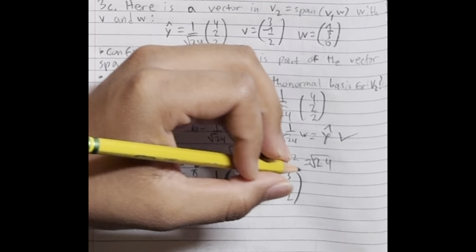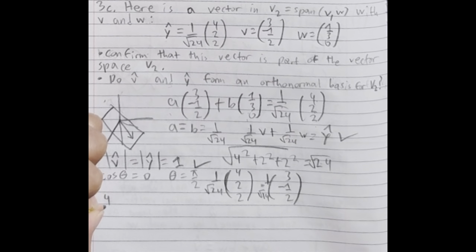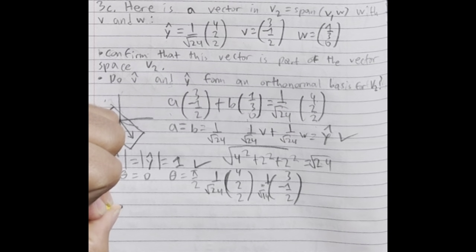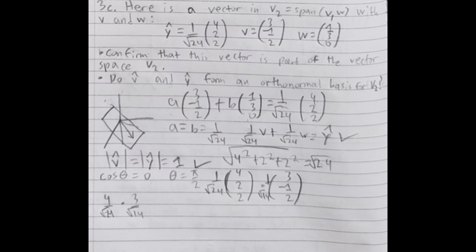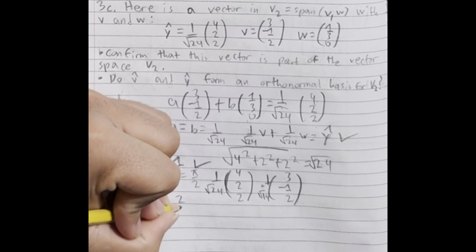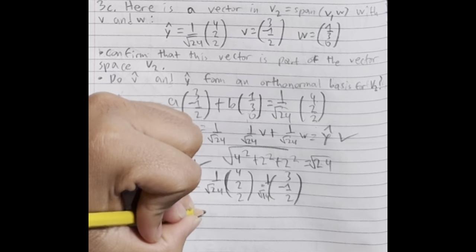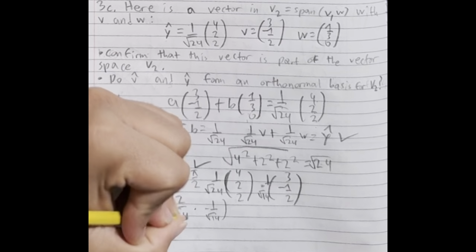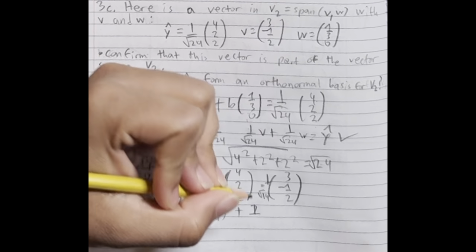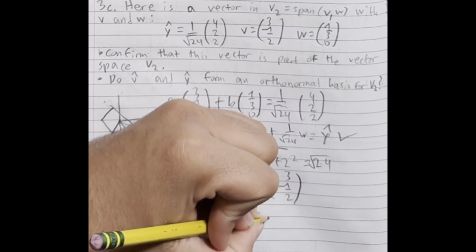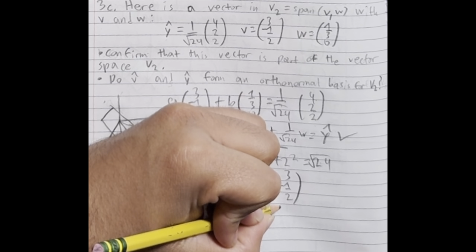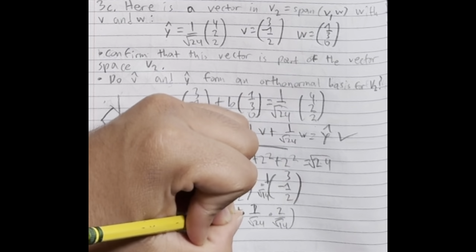And so we can write right here that 4 over root 24 times 3 over root 14 plus 2 over root 24 times negative 1 over root 14 plus 2 over root 24 times 2 over root 14.